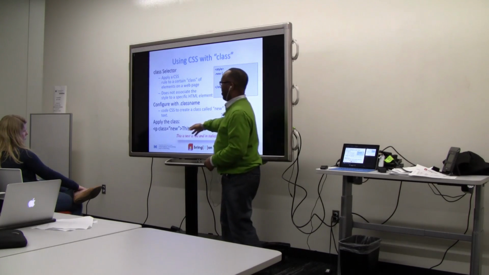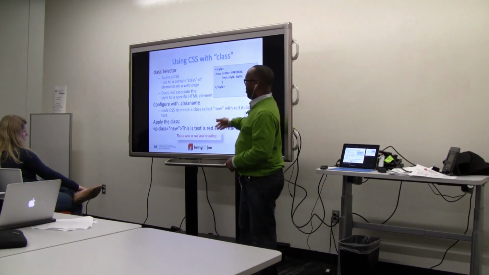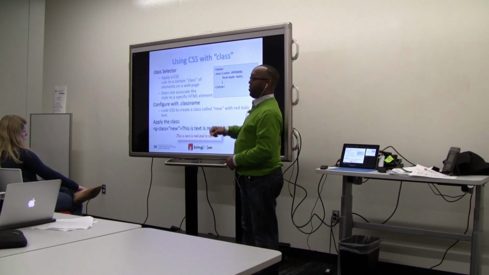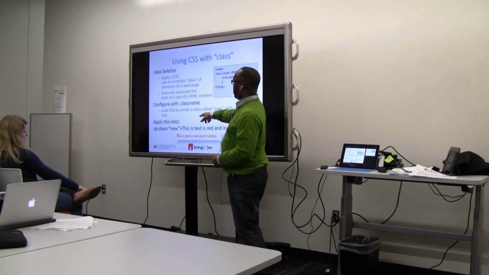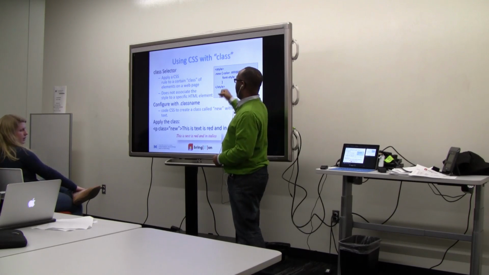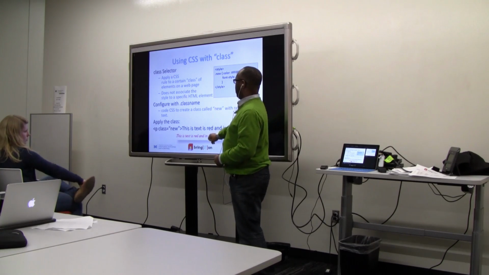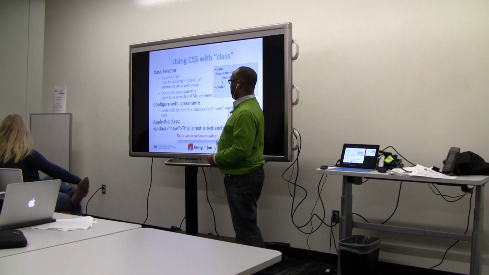For example, I should have said paragraph in this example. Notice the paragraph tag: we call the rule by class, and the rule name is, in this case, new, in quotations. Whenever this rule is encountered, it goes out to the CSS page, looks at these styling elements, and this is the result that we'll get.